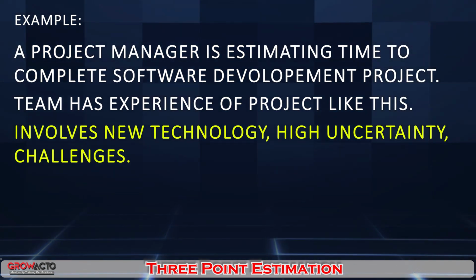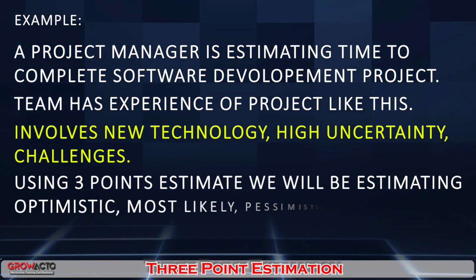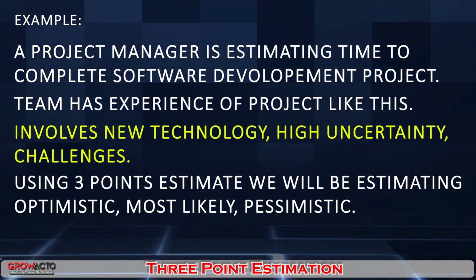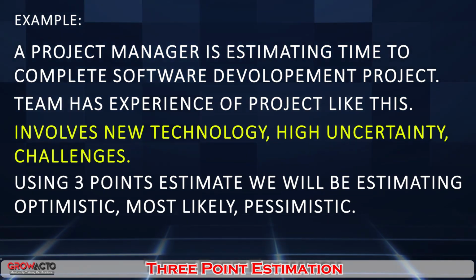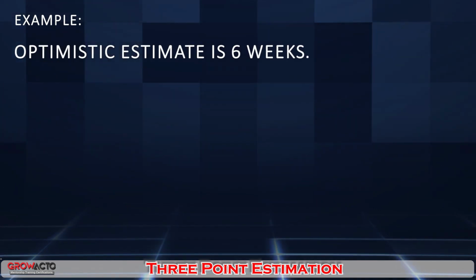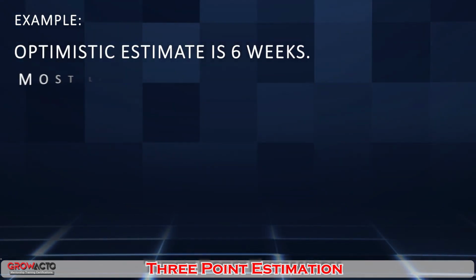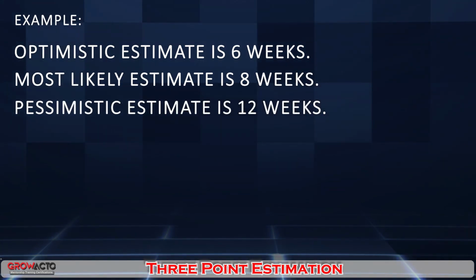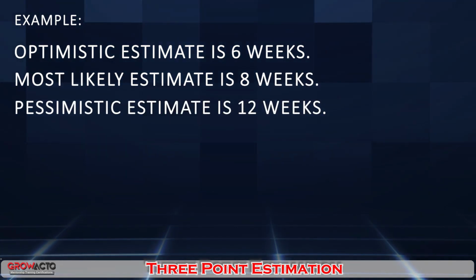Now, using 3-point estimates, we will be estimating optimistic, most likely, and pessimistic. So let's suppose the optimistic estimate is 6 weeks, the most likely estimate is 8 weeks, and the pessimistic estimate is 12 weeks.